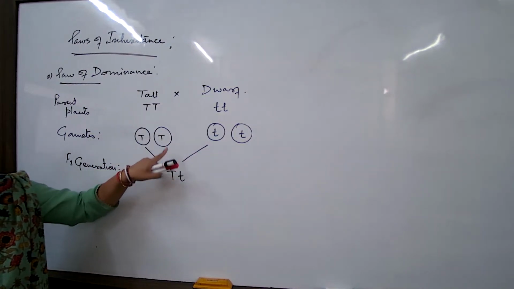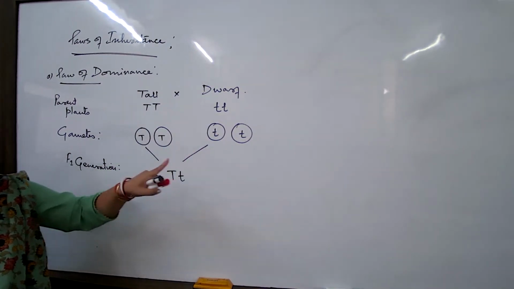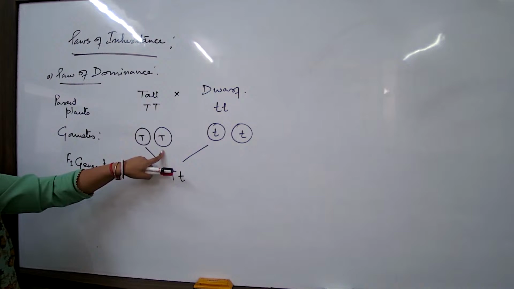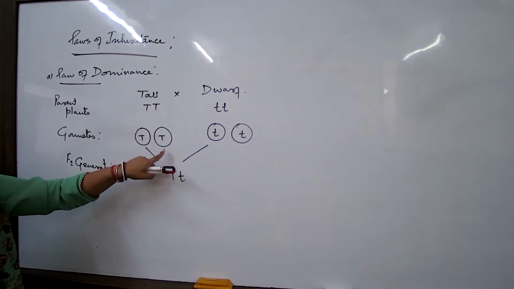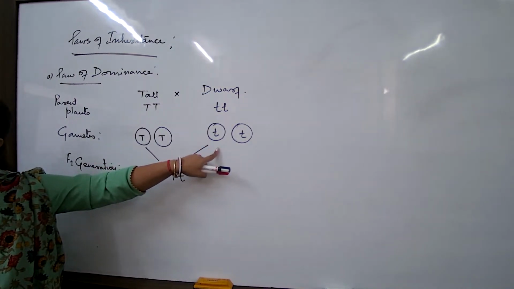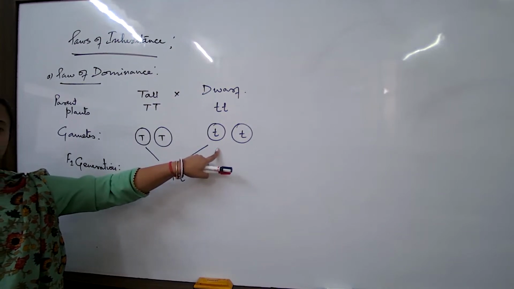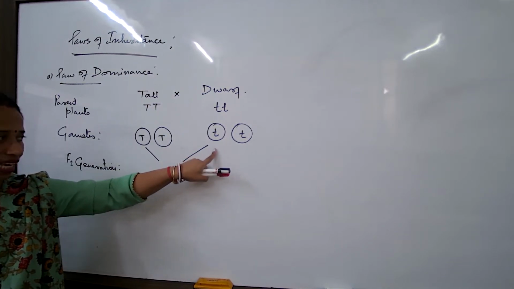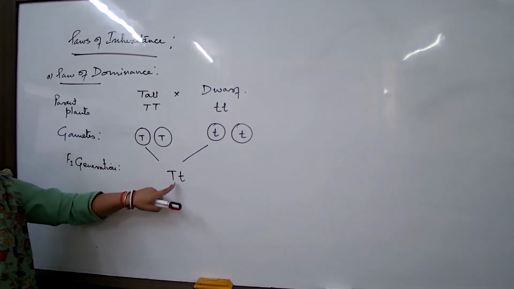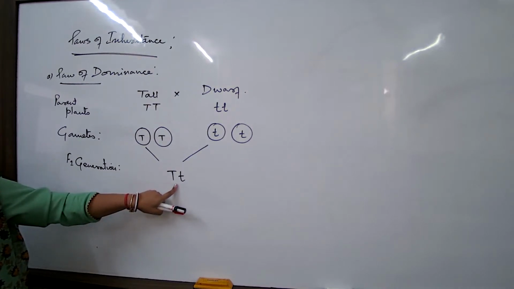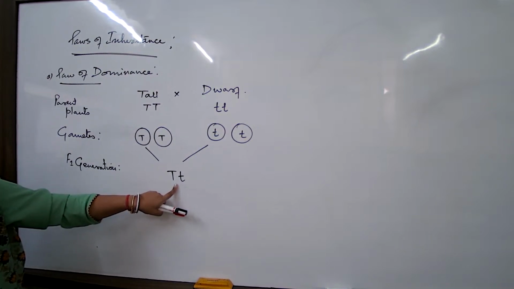Now this gamete with capital T, the allele for tallness, fertilizes with this gamete with small t, the allele for dwarfness. They come together and now result in the formation of what? A pair of chromosomes where the alleles are in the heterozygous condition.